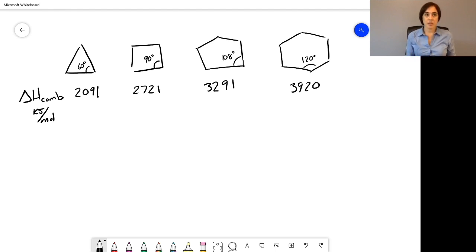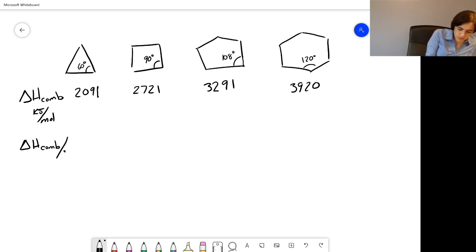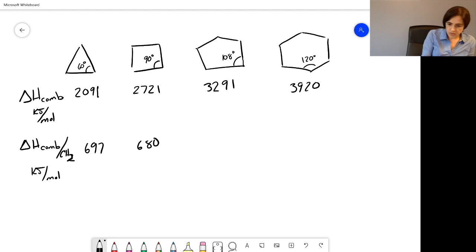So therefore, we have to normalize this, and we can do that by talking about delta H of combustion per CH2. So if we just normalize these per CH2, and again keep these in kilojoules per mole, we will see that this comes out to 697, 680, 658, and 653.